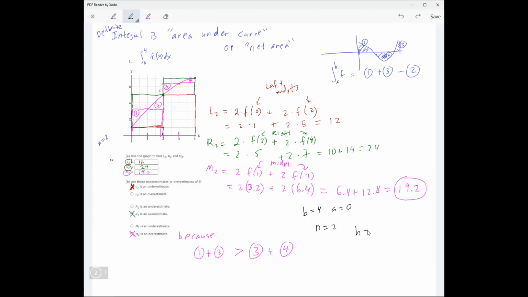So H would be 4 minus 0 over 2, that's B minus A over n, which is 2. That's the length of each of the subintervals. This is length 2, this is length 2. That's our H, the length of the subintervals.